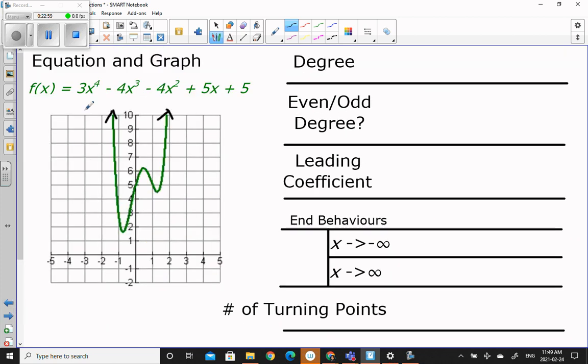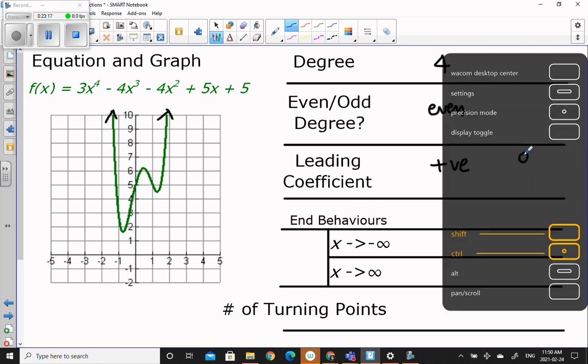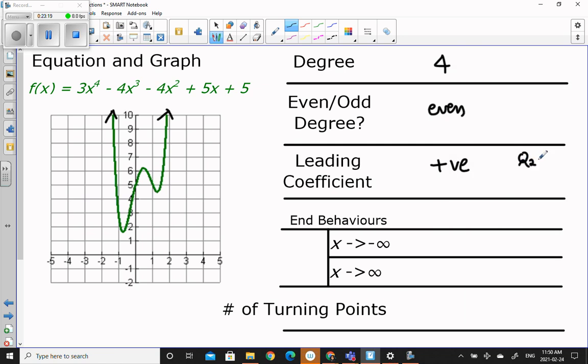Okay, next example here, you have a degree 4 function. It is even degree. The leading coefficient, as you can see, is plus 3, so it's positive. When it's a degree 4, it's like your y equals x squared graph, right? It's positive, so it goes from quadrant 2 to quadrant 1.